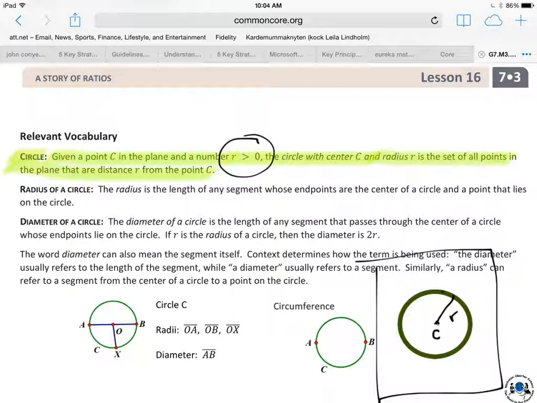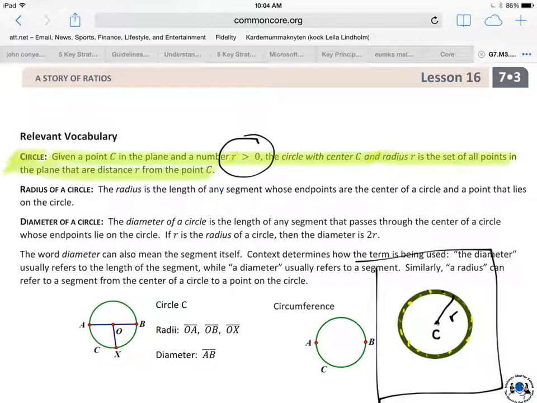So all of, let me go ahead and make that a different color. All of these points here, there are several, I mean, it's finite, yes, which means it has an end, but it's just so many, we can't count these.